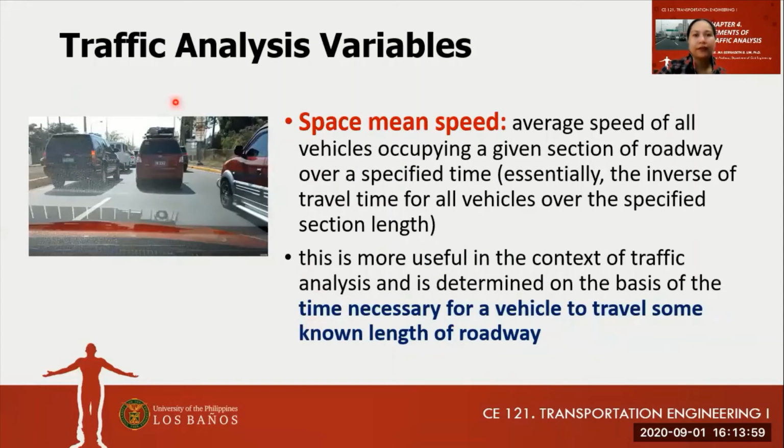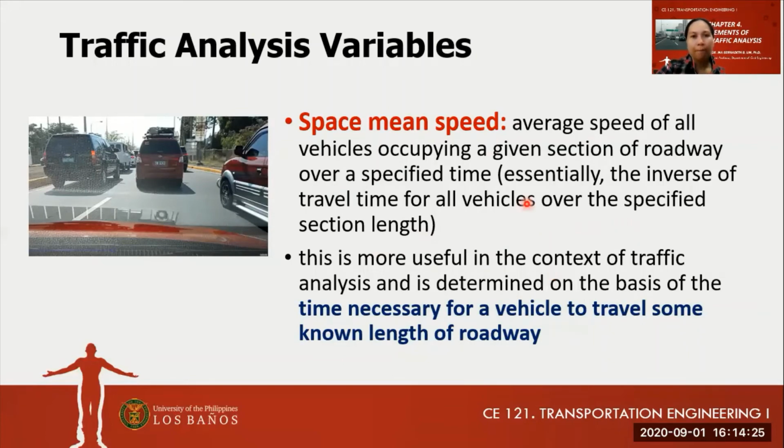Now the next speed is the space mean speed. This is the average speed of all vehicles occupying a given section of roadway over a specified time, or essentially the inverse of the travel time for all vehicles over the specified section length. For example, specified section length is 1 kilometer.